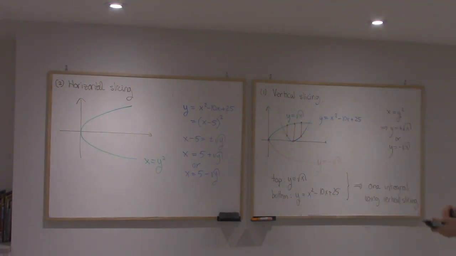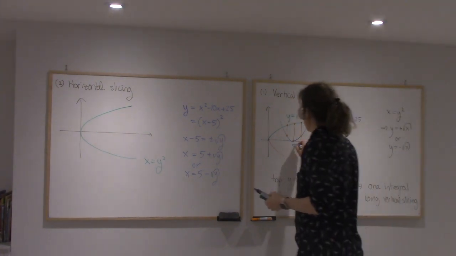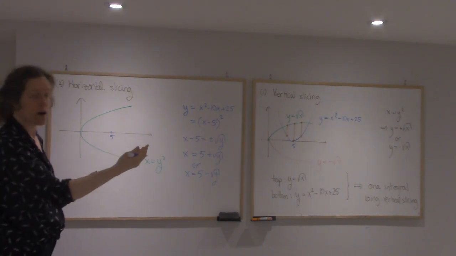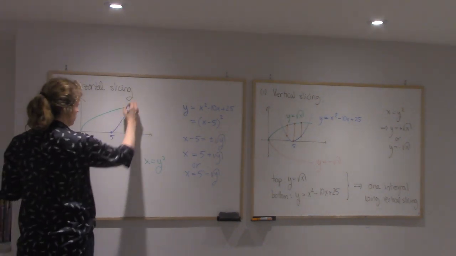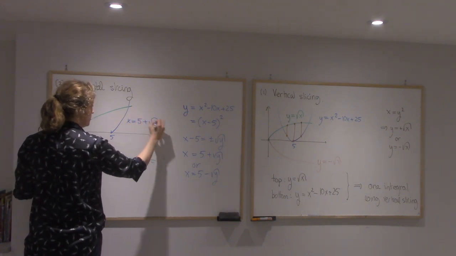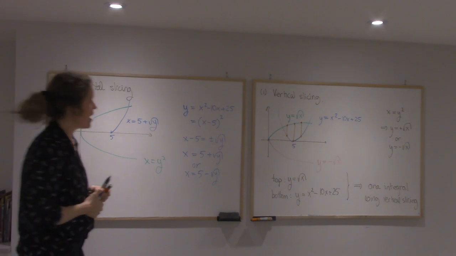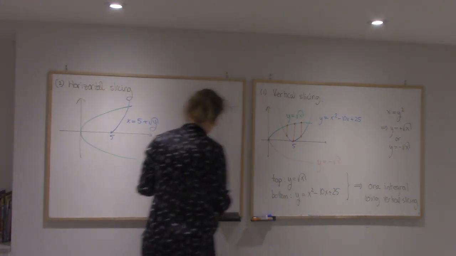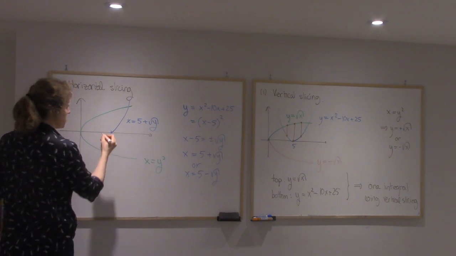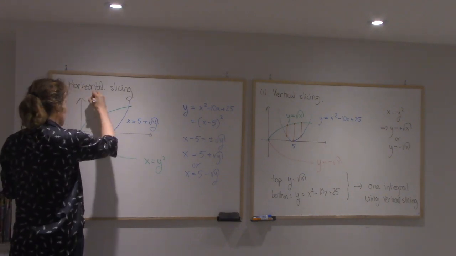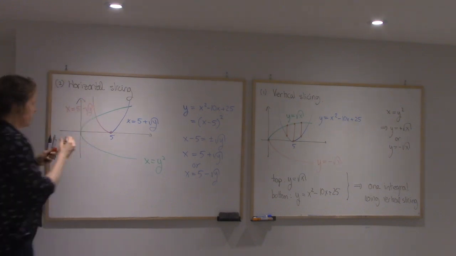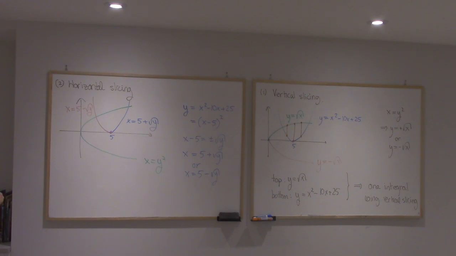Five is right here, so this is 5. Five plus root of y would be bigger than 5, so that'd be here. Let me use red. Five minus root of y would be the second part of the parabola.